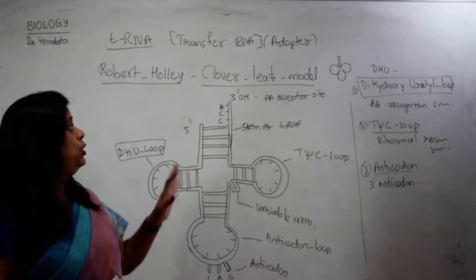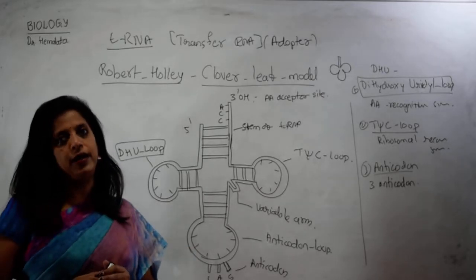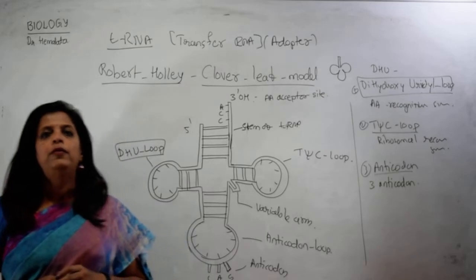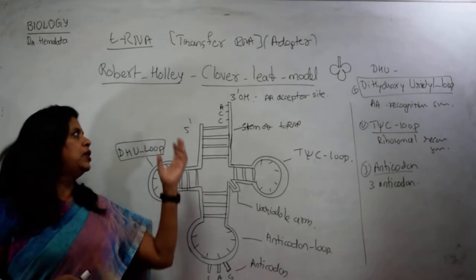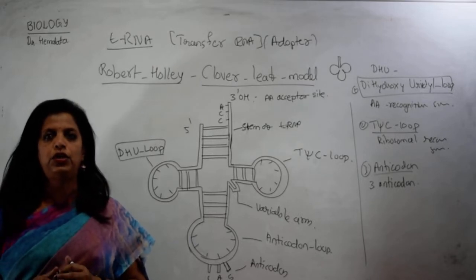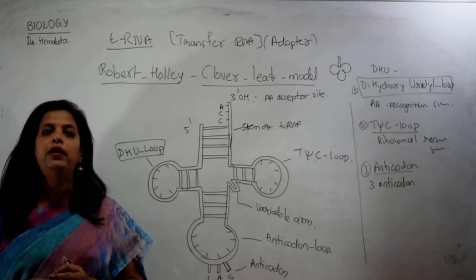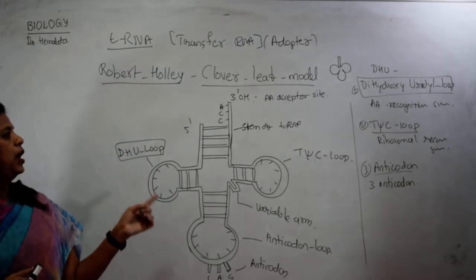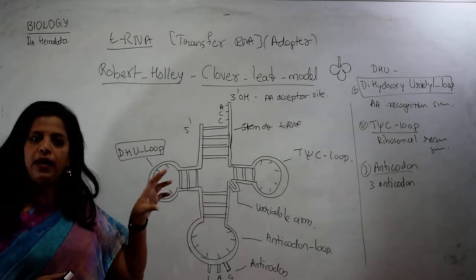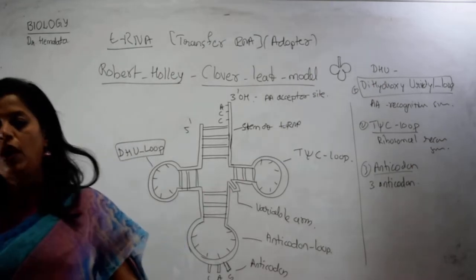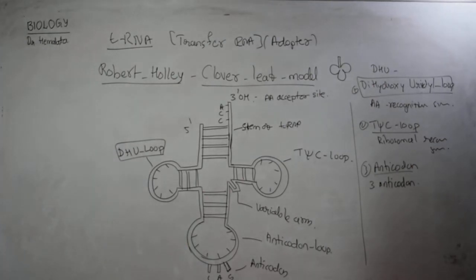This structure you have to draw, label and understand. And this is a 2 mark or 3 mark question, and for the board even the other things about Robert Holley and the clover leaf structure, and why it is called adapter RNA, are a neat part of it. Okay, now you draw this diagram, label it and write a short note on tRNA. Okay, that will be your homework. So after writing tRNA, you will have to understand how it is formed, when it is formed.